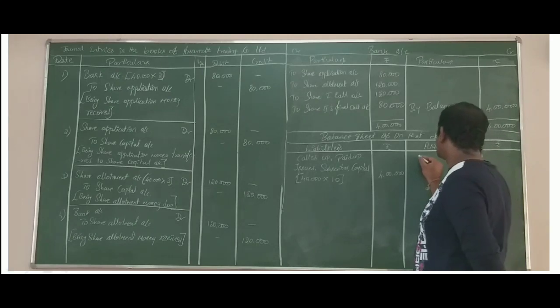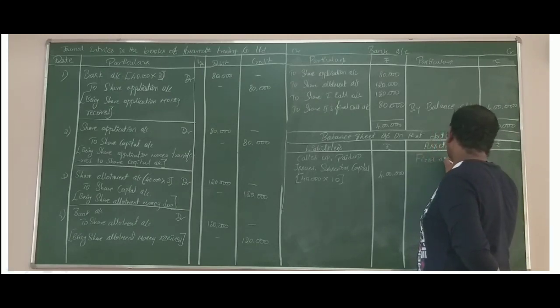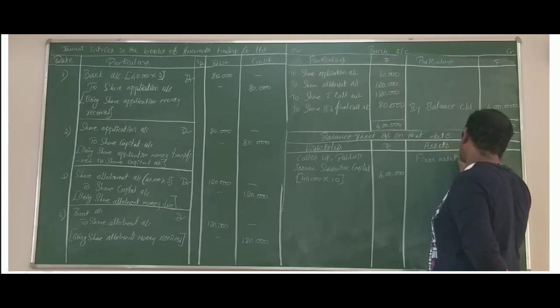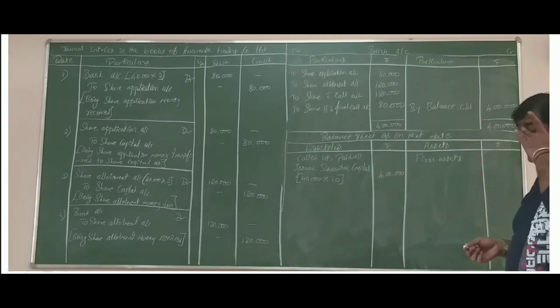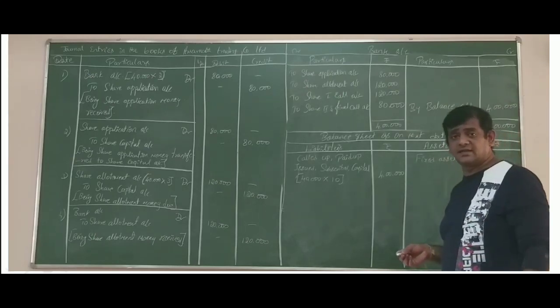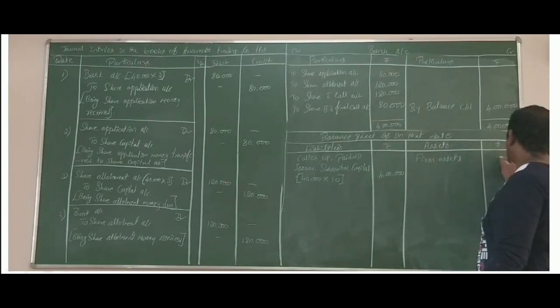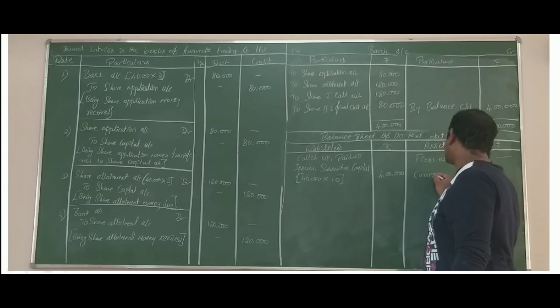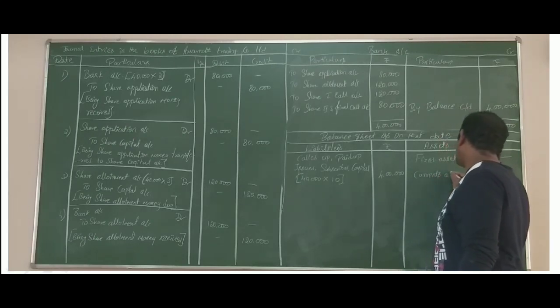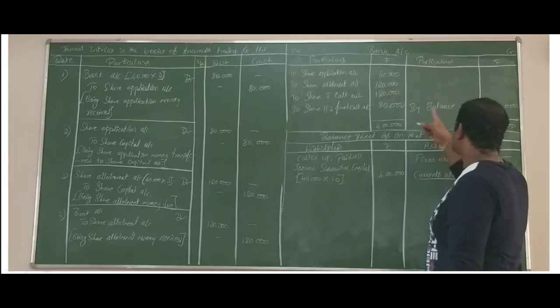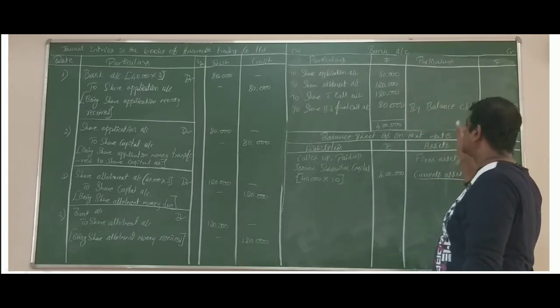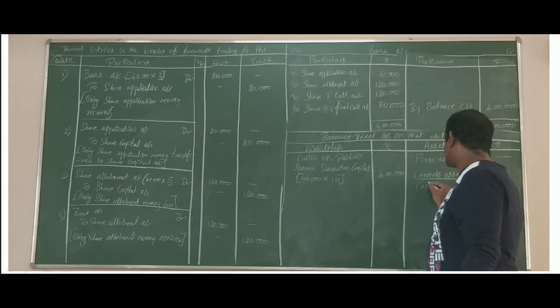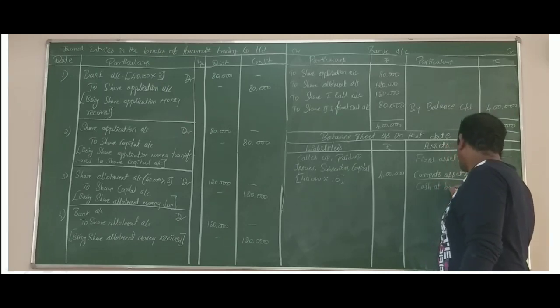So now come to this side, write fixed assets. Do you have any fixed assets in the problem, like land, building, plant, machinery, anything? No, right? Fine. So nil. Then we'll go with the current assets. We don't have any current assets except cash at bank.